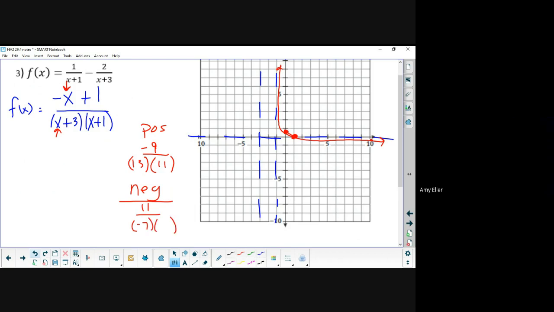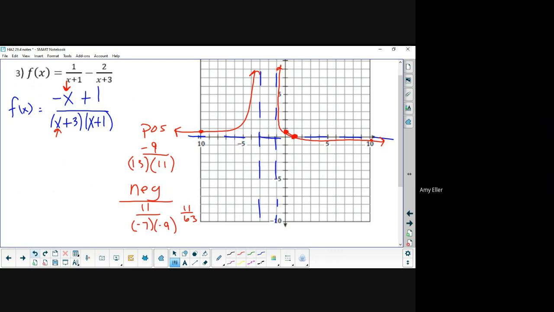Negative 10 and 1. That is positive. So the only way it can go is this curve. Questions on those?